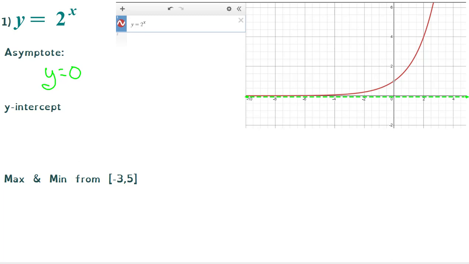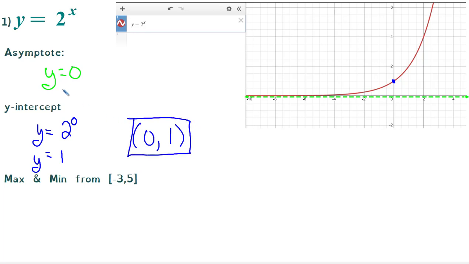The y-intercept, where it crosses the y-axis, the way you find that is if you replace x with 0, anything to the 0 power is always 1. And so the y-intercept is, unless there are transformations, always (0, 1). So these are two constants unless there are transformations.